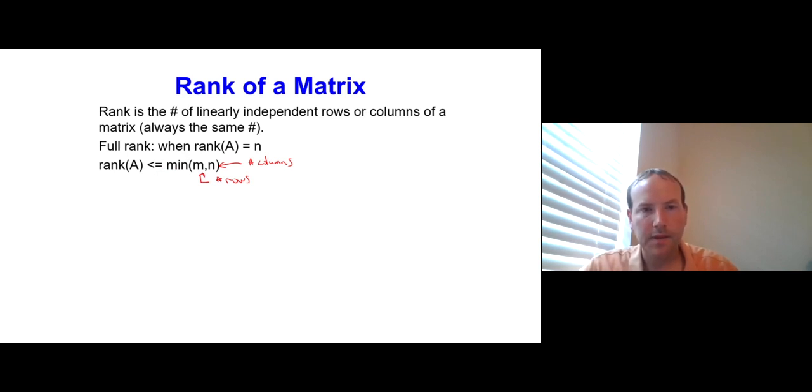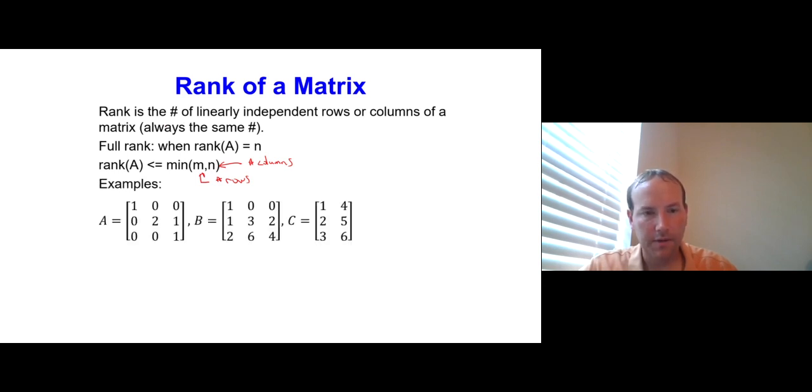This is a little bit difficult to understand, so it helps to see some examples. If we have this example for the rank of A, we see that all of these rows are linearly independent from one another. They're not overlapping or duplicating each other by any factors, so the rank of A is 3. For B, we see that the second row is a multiplicative constant times the third row, so those are not linearly independent, and the rank of that is 2.